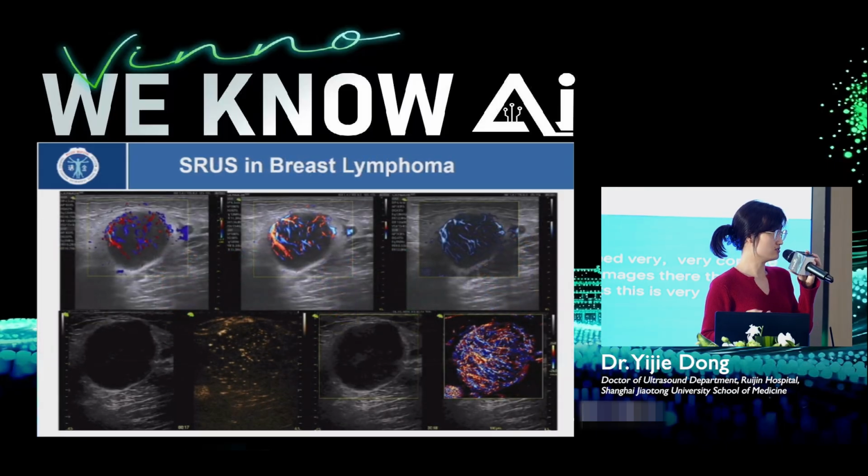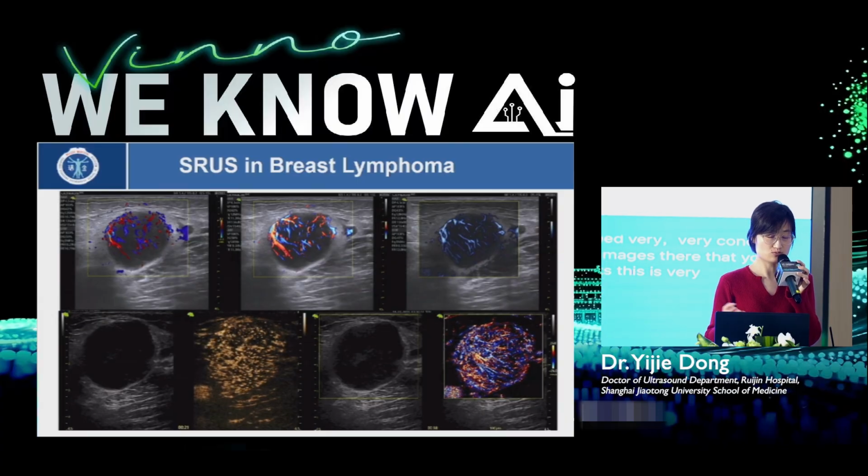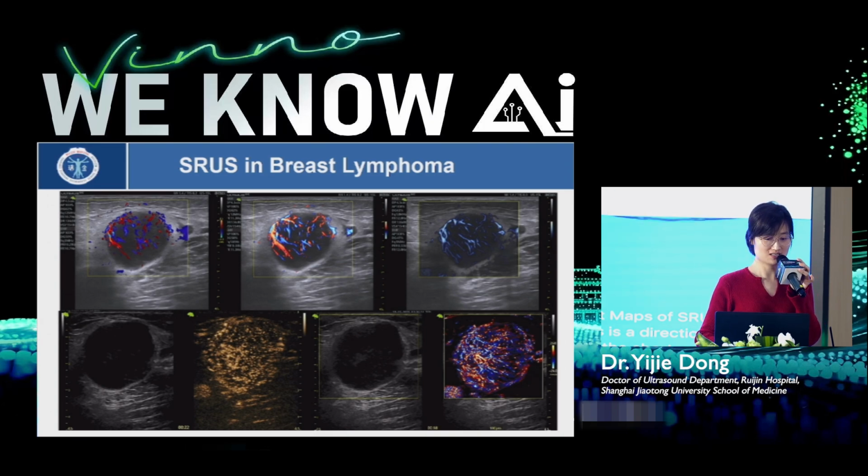This is SRUS in breast lymphoma. As we all know, lymphoma can develop in every part of our body, except nails and here. All the parts can have lymphoma.